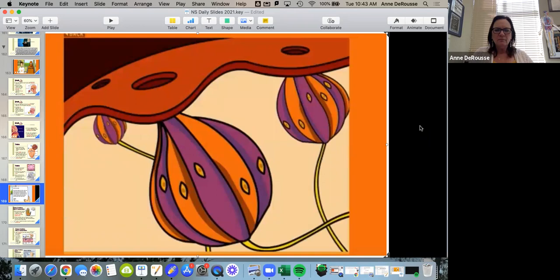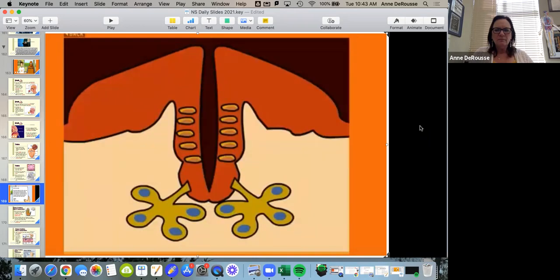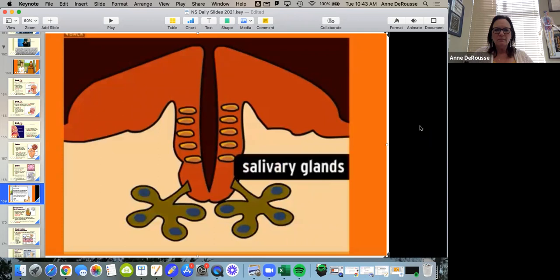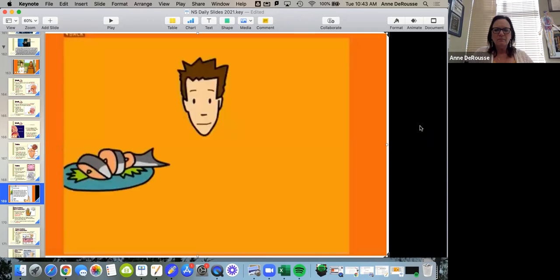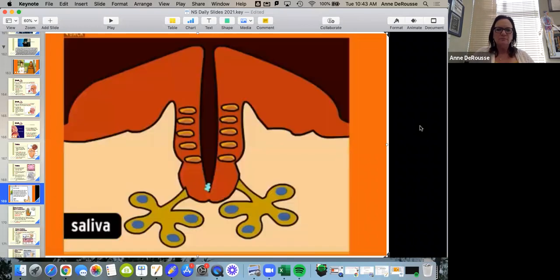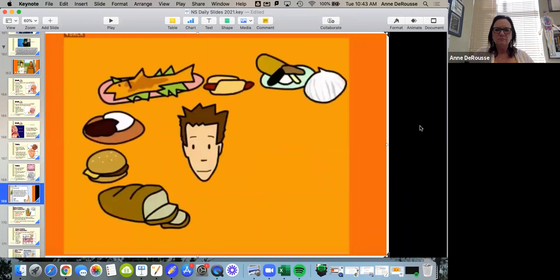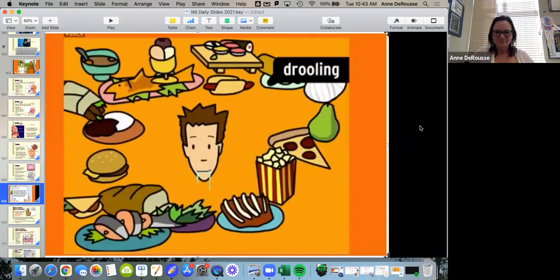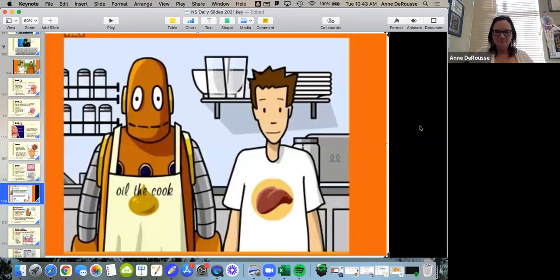Here's how it works. All over your mouth, you have salivary glands. When you see or smell food, they produce saliva, also called spit. This is called salivating. If it gets out of control, it's called drooling. When you eat, your teeth chew up food into tiny bits.